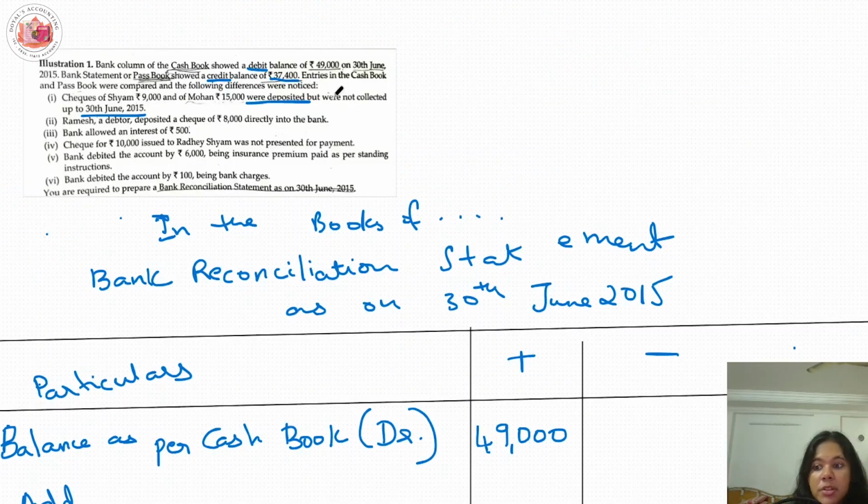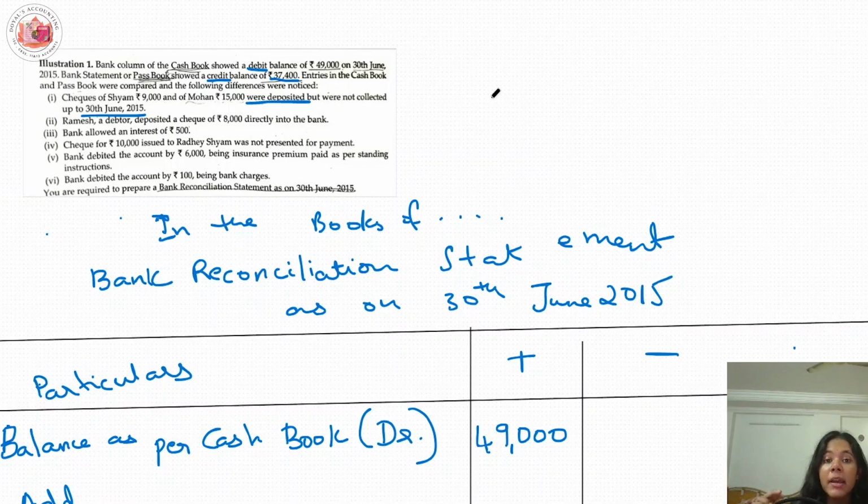So what this means is we have received a check. In our cash book we have recorded that we have received this 9,000 and this 15,000. But in my passbook it has not yet been reflected. The check has not yet been cleared. It has not yet been collected by the bank.